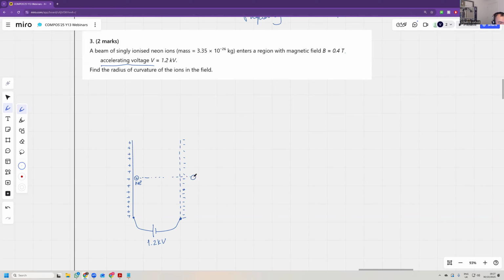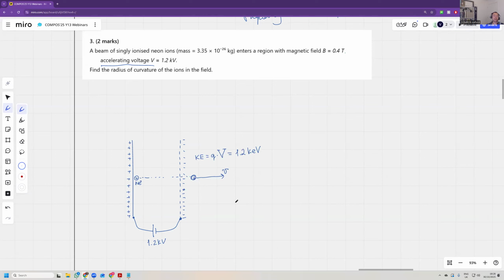And then when it exits, it has a speed. We don't know what speed it has, but we do know that the kinetic energy is equal to the charge multiplied by the potential difference, charge by voltage, Q times V. And that is, in fact, 1.2 kilo electron volts.